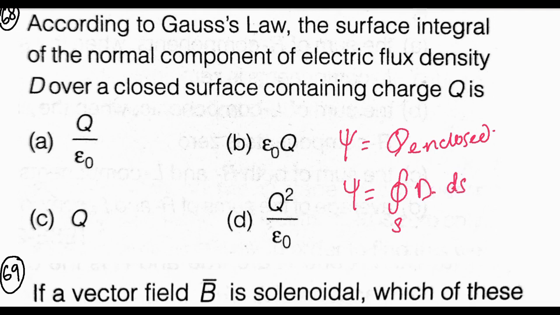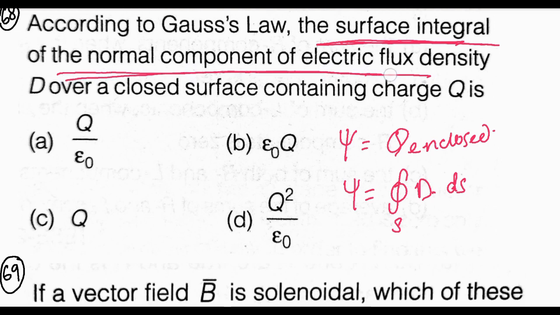What is the question asking? The surface integral of the normal component of electric flux density D. So D is the electric flux density, and the integration over S is the surface integral of the normal component of electric flux. The normal component is D dot dS, where dS is the vector which is normal to the surface.